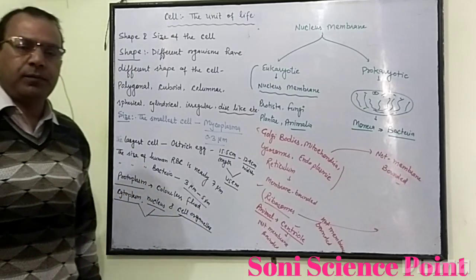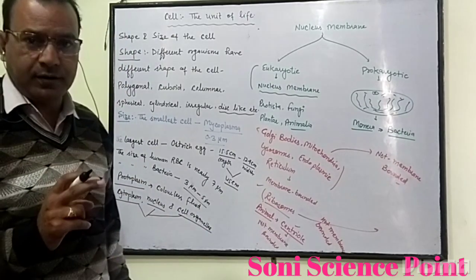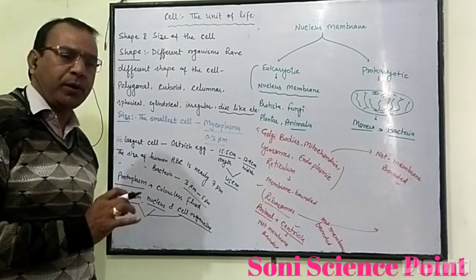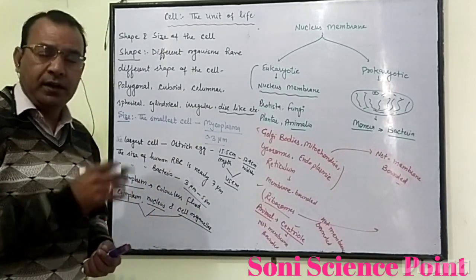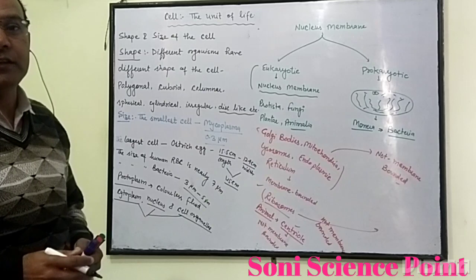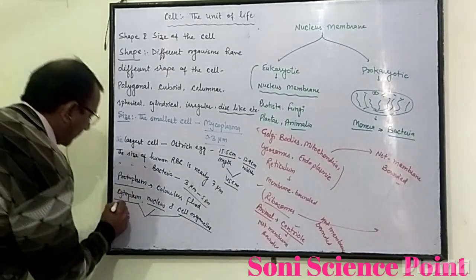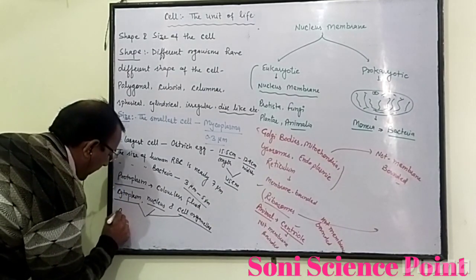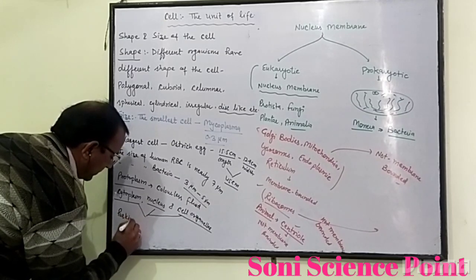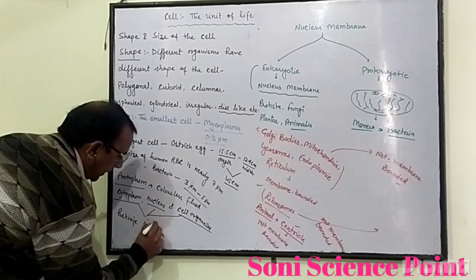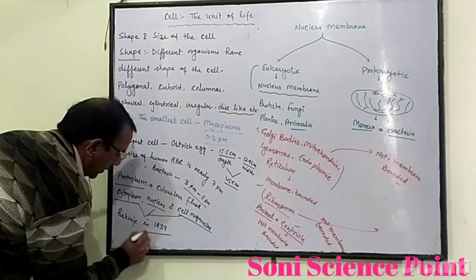This protoplasm was discovered by Dujardin, but the name protoplasm was proposed by Purkinje in 1839.